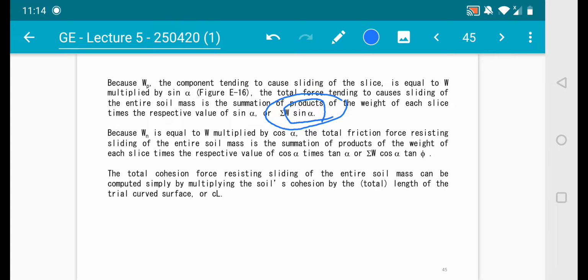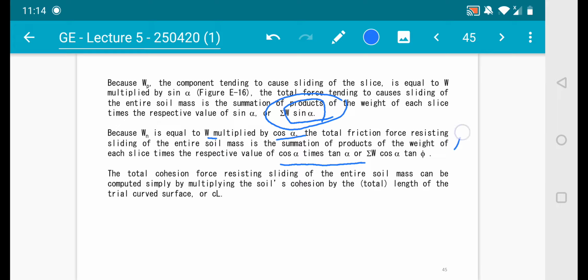Another force is Wn. So Wn is equal to W multiplied by cos alpha. The total friction force resisting sliding of the entire soil mass is the summation of the product of the weight, so it's given by cos alpha multiplied with tangent of the internal friction angle.